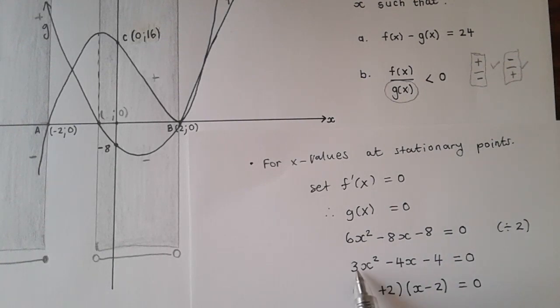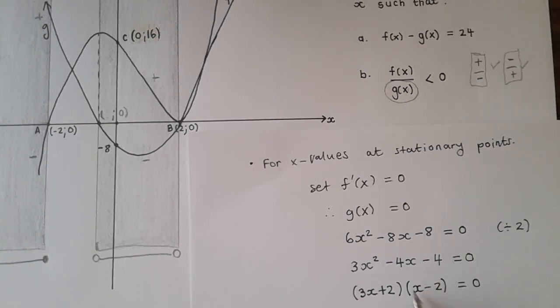And then for the 3x squared, we just need a 3x over here. So let's just check. We're going to have 3x squared, and then we're going to have negative 6x. So negative 6x plus 2x will give us the middle term of negative 4x, and then the last term of negative 4. Okay, so there we go.